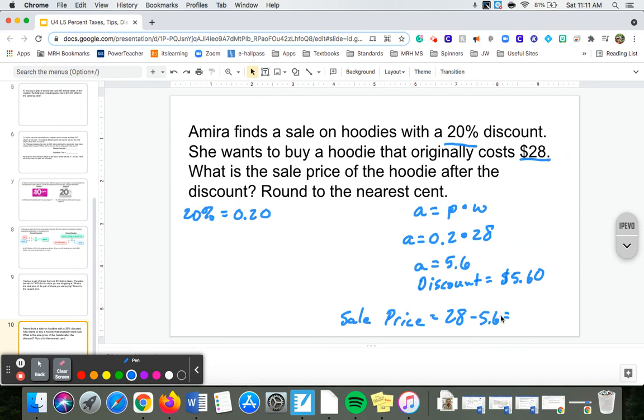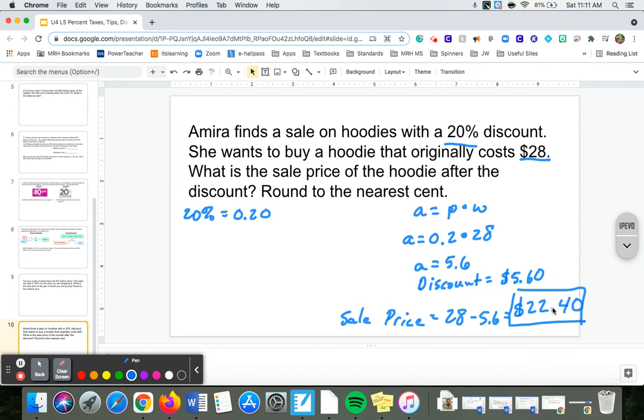It's 28 minus 5.6, which is going to be $22, and it's 0.4, so that would be 40 cents. Okay, so 4/10 is going to be 40 cents. So our sale price would be $22.40.